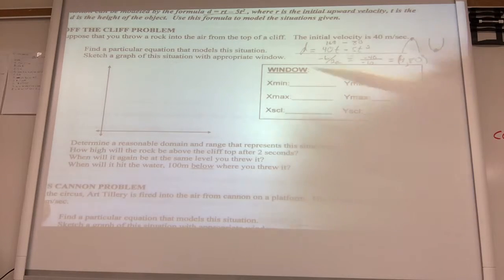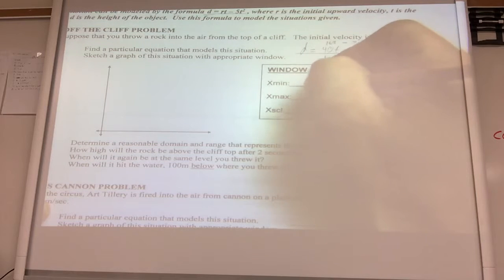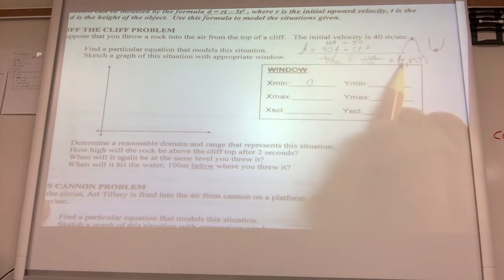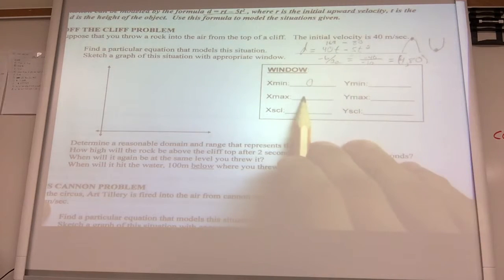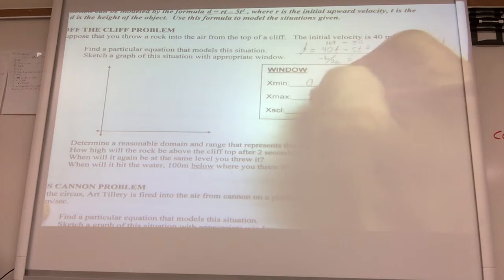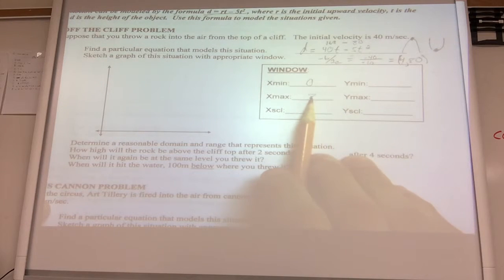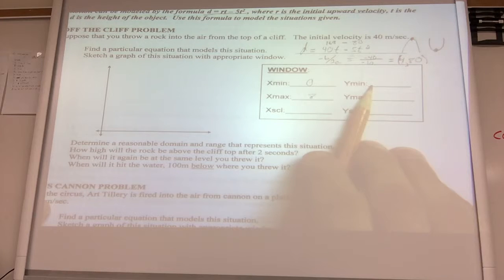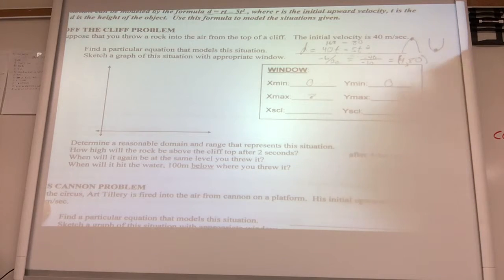So my x minimum is going to go from 0 to a maximum of 8. My y minimum is going to go from 0 to a maximum of 80. So I'll say 90, just to go a little bit above that.